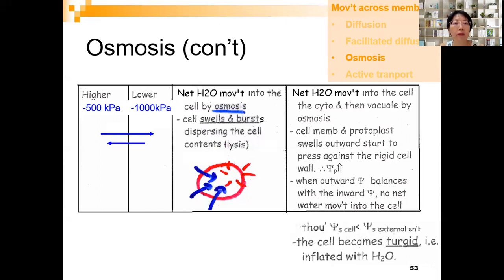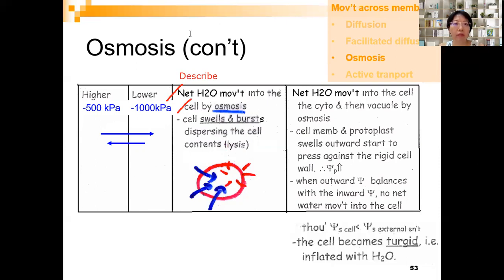So this is the first marking point. This is a description. Remember, you need to describe, right? What do you see? There's a net water movement into the cell, 1 mark. By osmosis, 1 mark. Why?